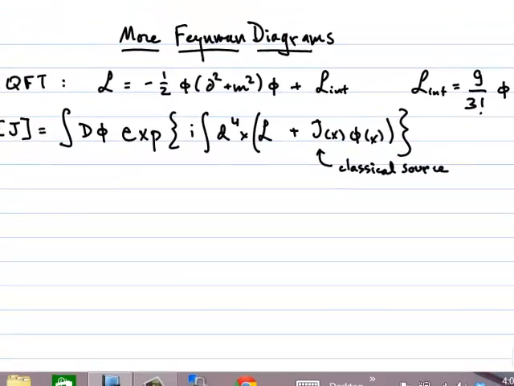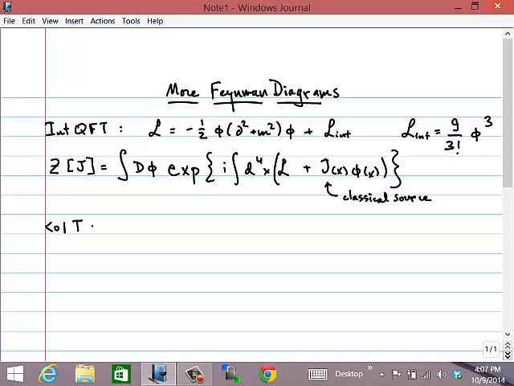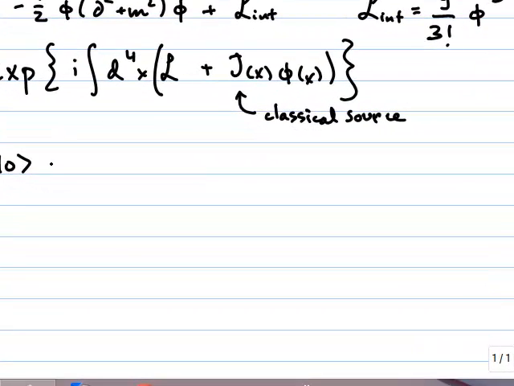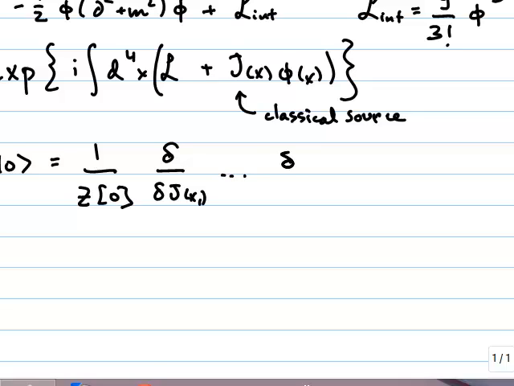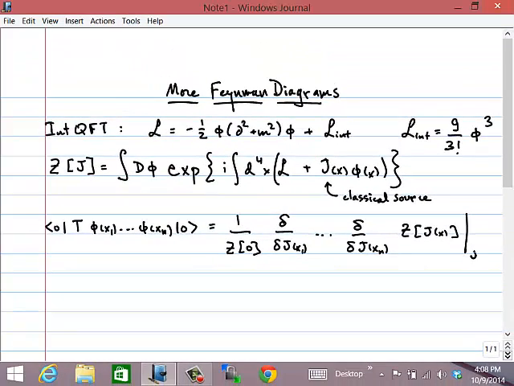So, for example, the time-ordered expectation value of the field inserted at n points, x1 up to xn, is some normalization factor times a bunch of functional derivatives of this generating function with respect to j, evaluated around j equal to 0.